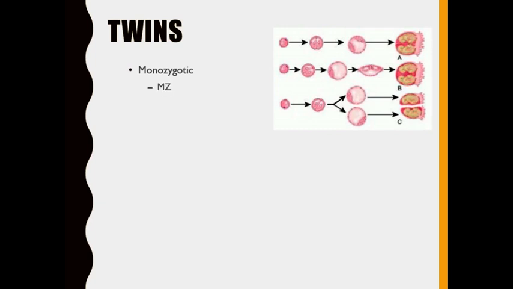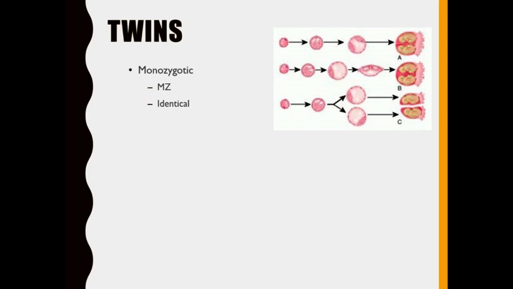Now, a lot of times you'll hear monozygotic twins referred to as MZ twins because it's shorthand. It's kind of harder to say MZ than monozygotic, but it's easier to write MZ. They're also referred to as identical because they have 100% of their genes in common, and so they are genetically identical.